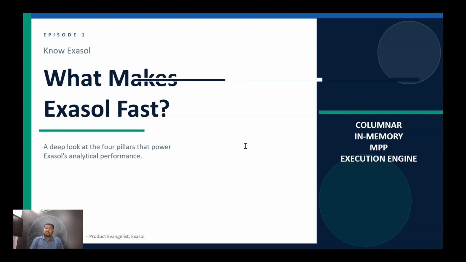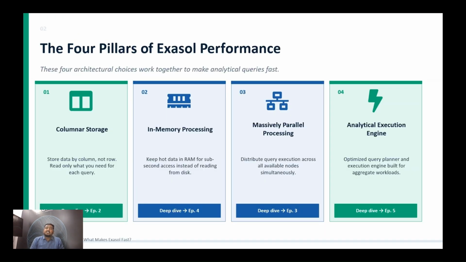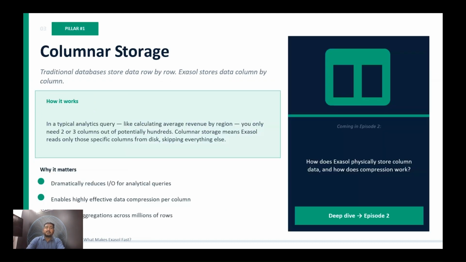In-memory processing keeps data in RAM in the same compressed format used on disk. MPP, massively parallel processing, distributes every query across all nodes simultaneously. And the execution engine self tunes: auto statistics, auto indexes, and query caching. We will cover each one at a high level now, and then we'll go deeper in upcoming episodes.